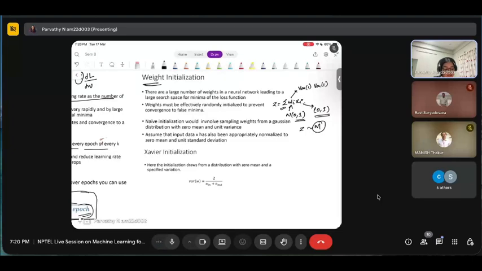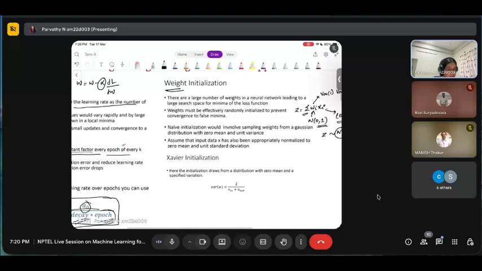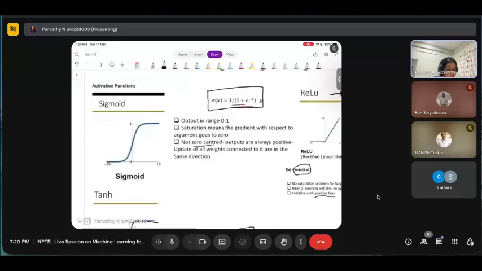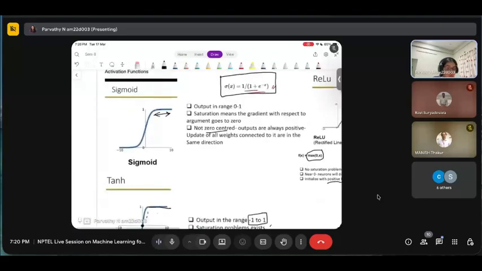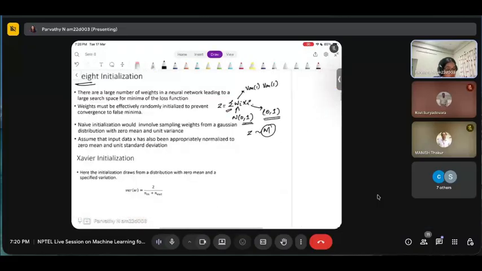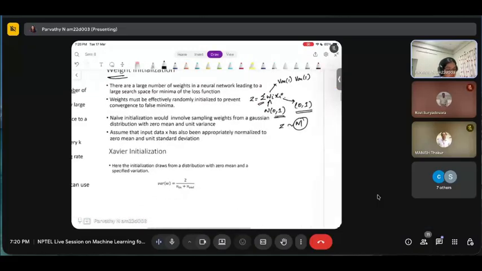That means when we have very large inputs, what happens is like this in the sigmoid. When we have very large values, it saturates, and if saturation occurs, then the gradients will become 0 and the weights will not update anymore. So that is one issue with this naive initialization.